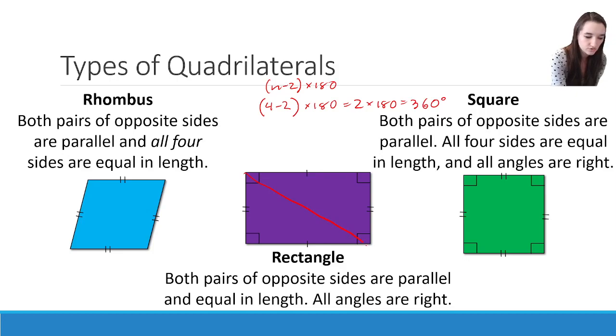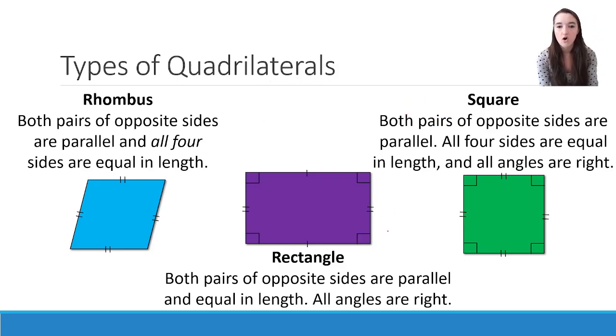Or we could form our two triangles to see that there are the 2 times 180. So we have 360 degrees. To get the measure of a single angle, we then divide by 4. Dividing by 4 gives us these 90-degree angles. So that's how all the same angles for a quadrilateral end up being all 90 degrees.